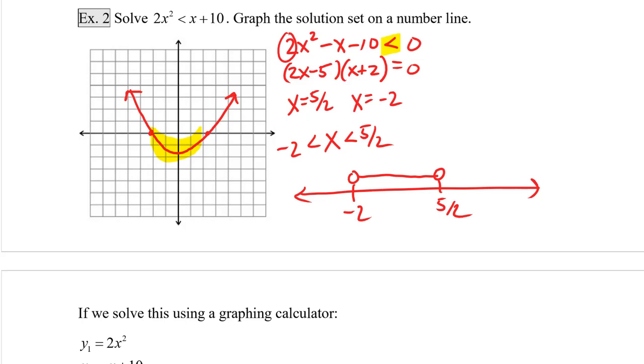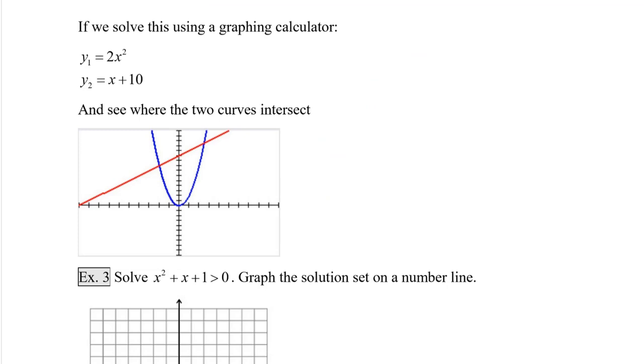So if we were going to do this for example 2, we would basically plug one side of the equation into our y1 and the other side of our equation into our y2, and then we would graph the two equations on the same axes.